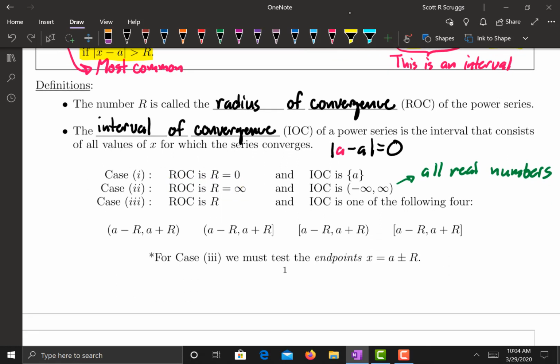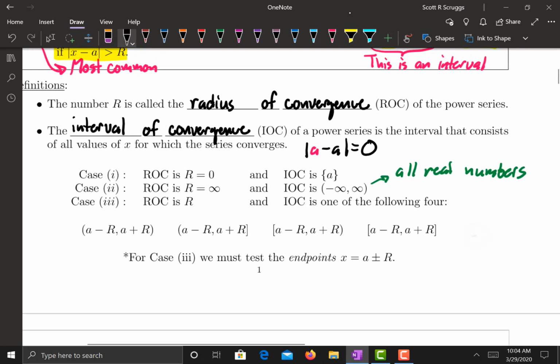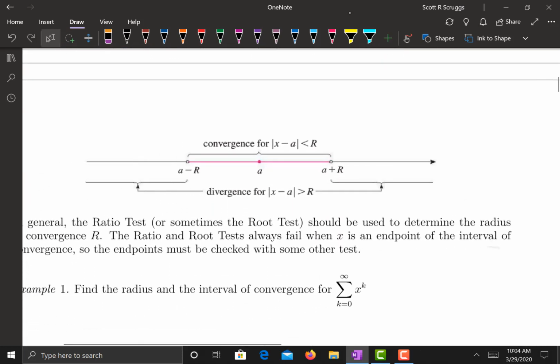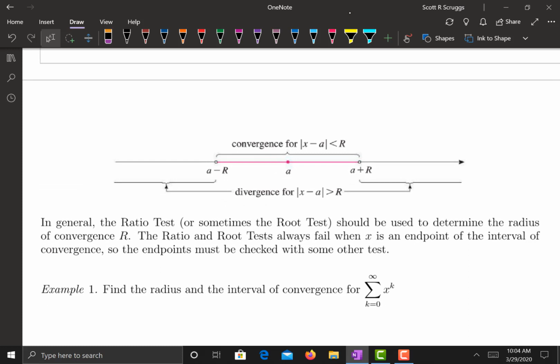And then in case 3, we have to be specific with our radius of convergence r and use one of these 4 cases. All right, and so before we go on, let's go ahead and draw a picture. So this is a picture of what's going on.